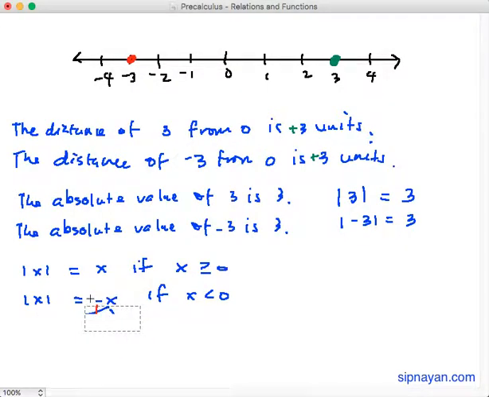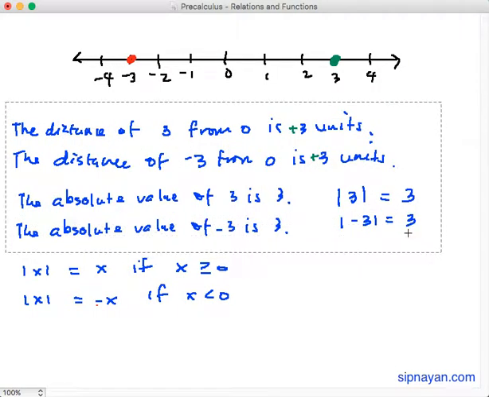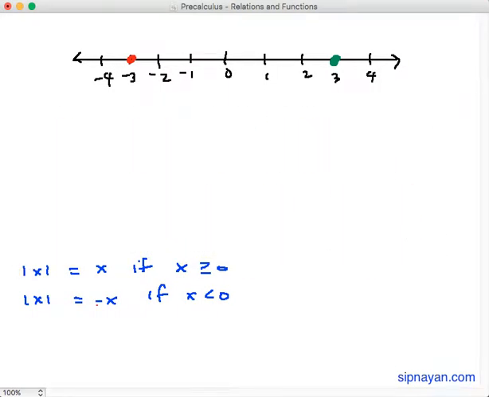So, to summarize, the definition of the absolute value of x is equal to x if x is greater than or equal to 0, or negative x if x is less than 0. Okay? So, pwede natin isulat yan na ganito, yung tinatawag natin na piecewise function.